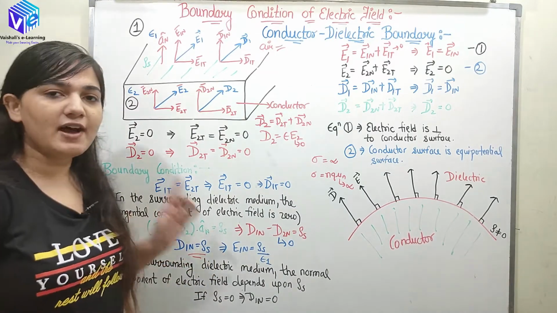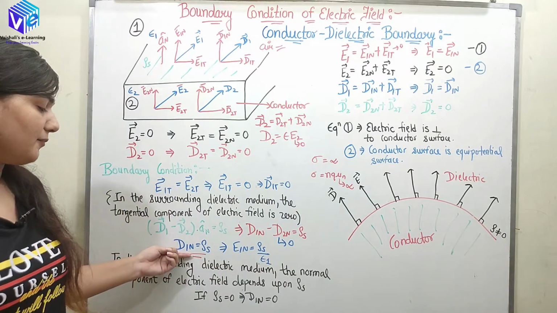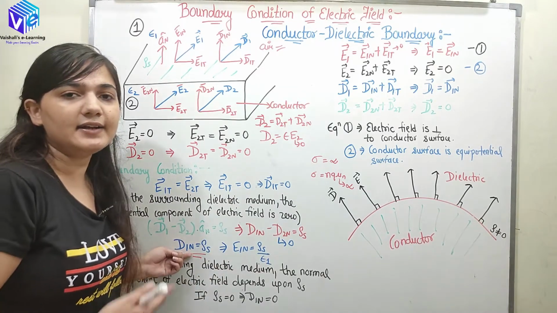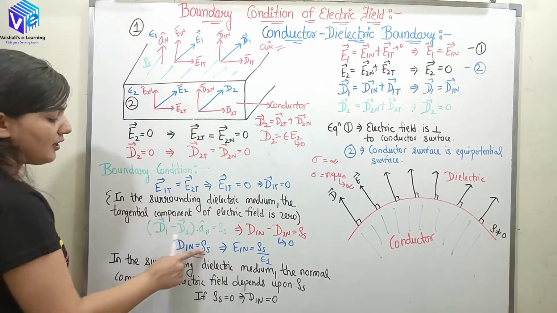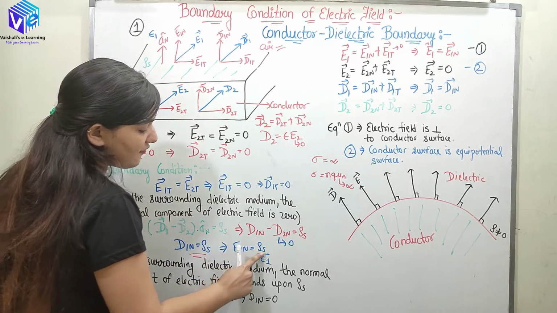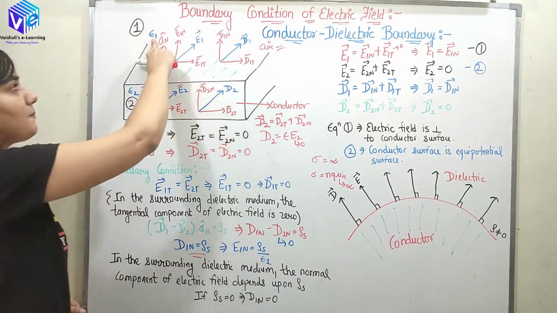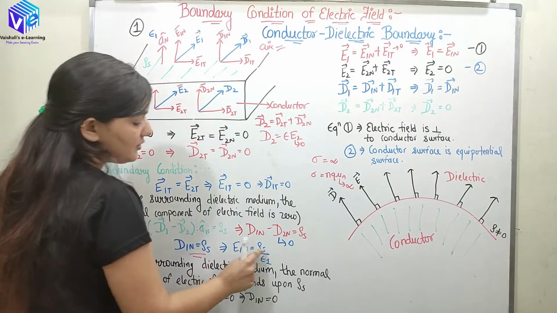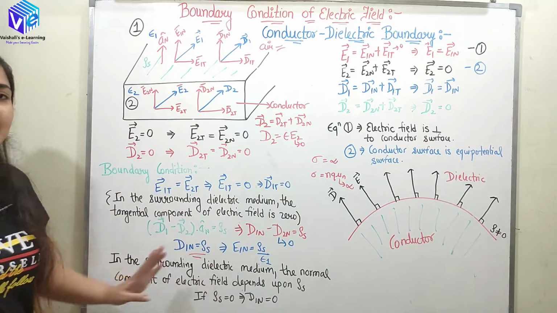So if I have to find out E1n, it can be found out from D1n. We can divide D1n by epsilon and I can get E1n. D1n was equal to rho s. If I divide rho s by epsilon 1, the permittivity of medium 1, I will be getting E1n.